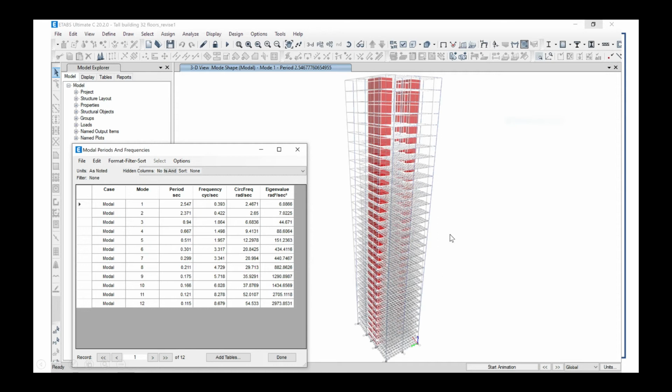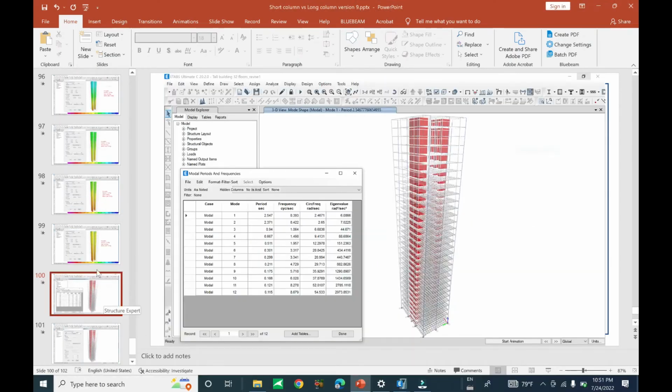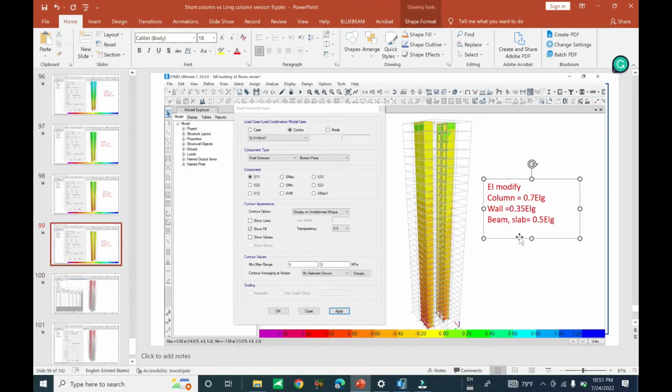After you verify the section is cracked or uncracked, you can continue to check the natural frequency. This natural frequency corresponds to the modified stiffness.